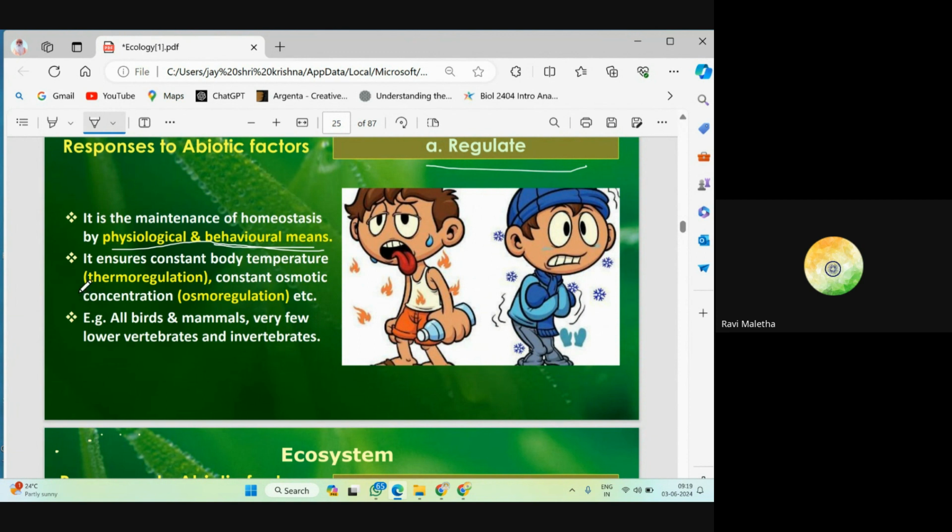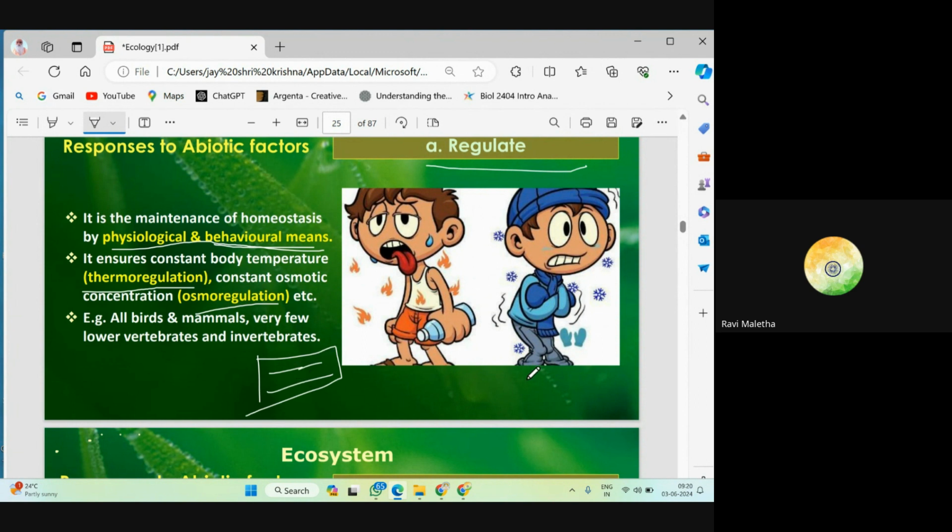So two things are there, thermoregulation and osmoregulation. Thermoregulation we all know, to maintain the internal temperature constant. What is osmoregulation? Maintaining water and salt content. For example, if a fish is there, inside the fish body there will be some water present and some salt present.